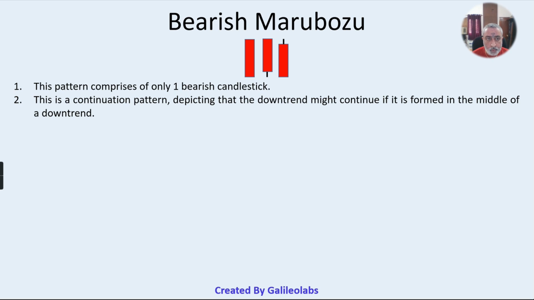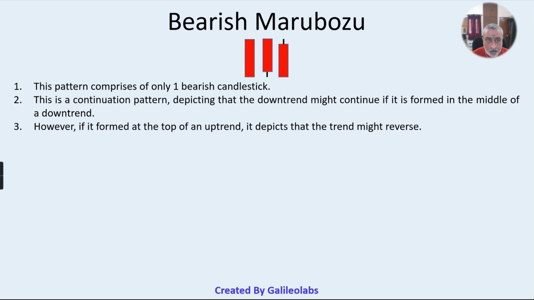Likewise, bearish Marubozu is also a continuation pattern if it falls between the downtrend. However, if it is formed at the top of an uptrend, it depicts that the trend might reverse. So if this bearish Marubozu gets formed at the top of an uptrend, it usually depicts that the trend will reverse.